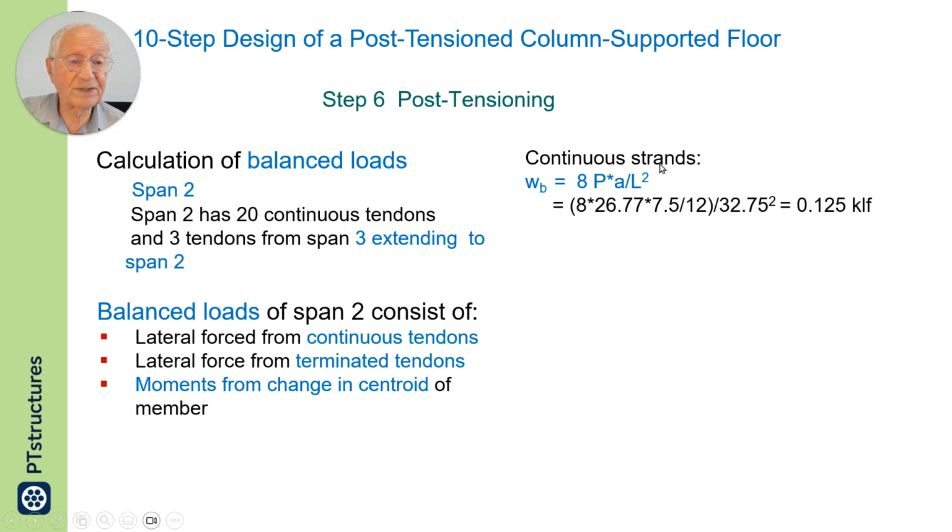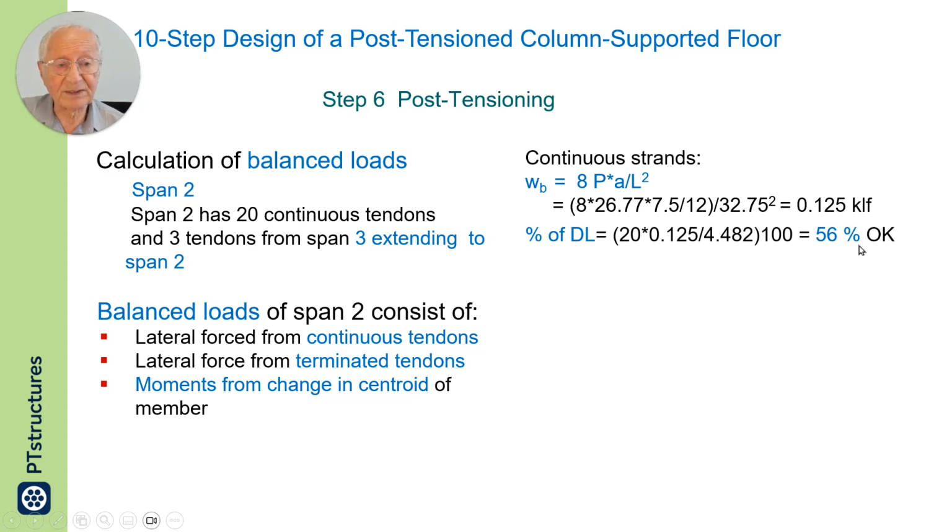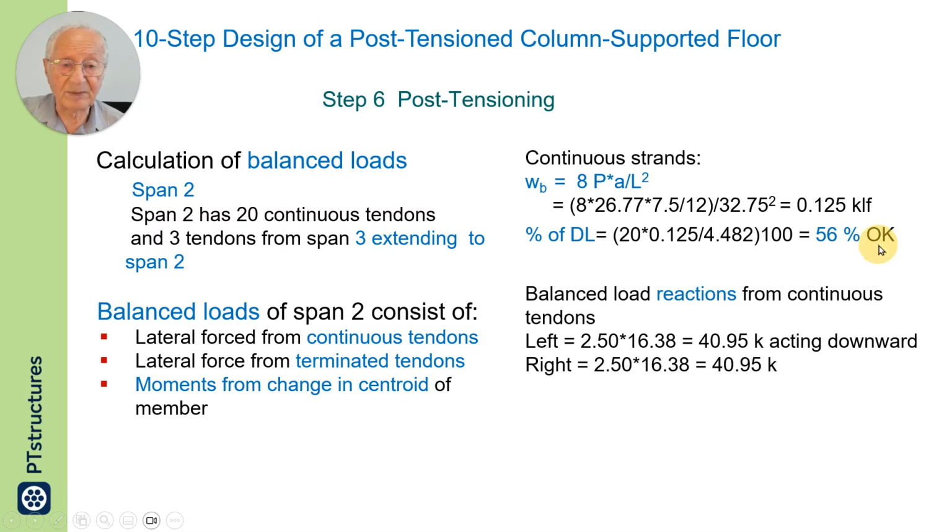For the continuous strands, this is the formula. The uplift is this. The percentage of uplift is 56%, assumed acceptable. For the continuous tendons, we have reactions because of the tendon at left and right.